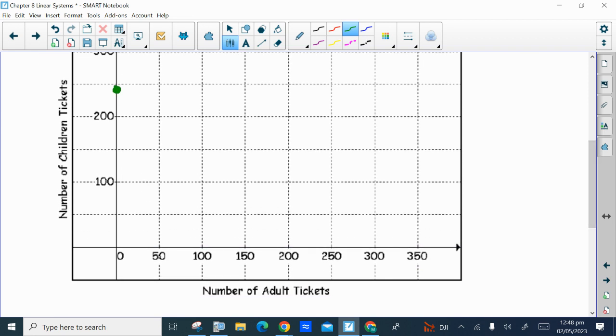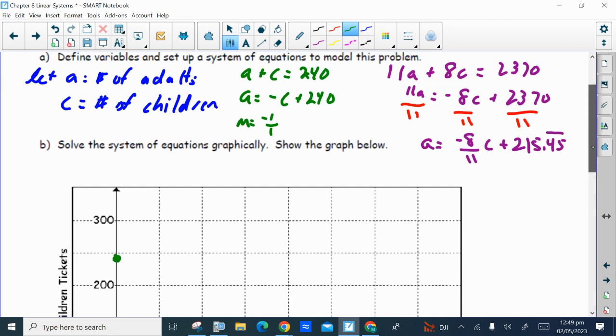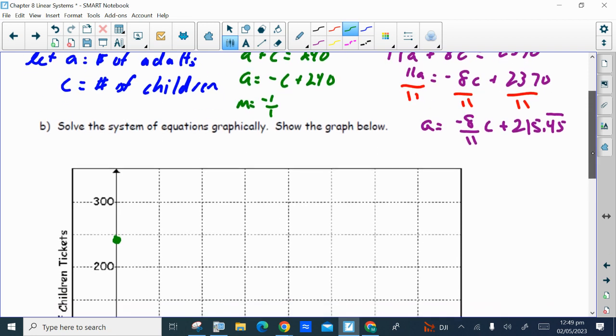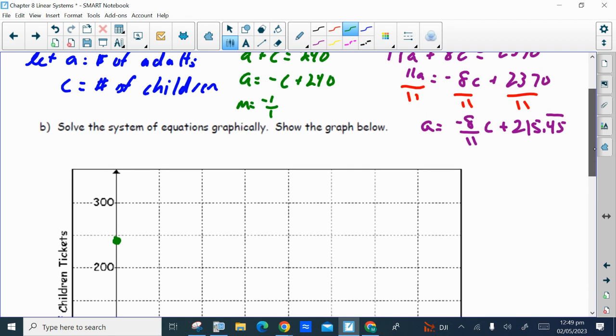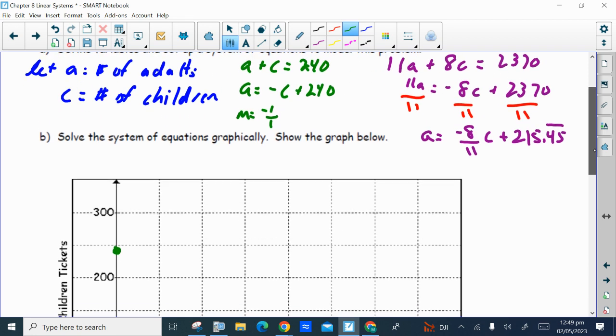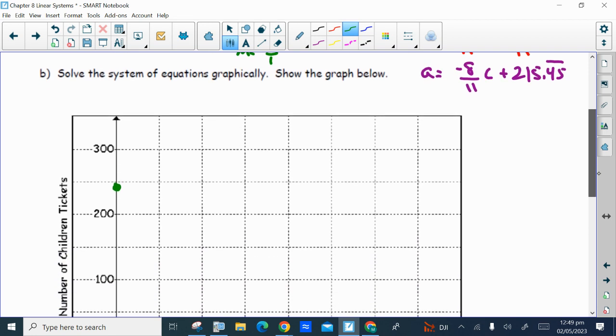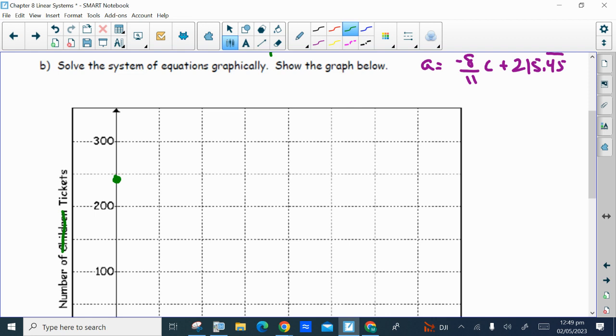On the A ticket, and you know what? I just realized, because they already had the axes labeled, they're saying that the C tickets would be on the y-axis, so I should have had C by itself. I just chose to get A by itself, and that's okay. We'll just change this. We'll say this is the adult tickets.